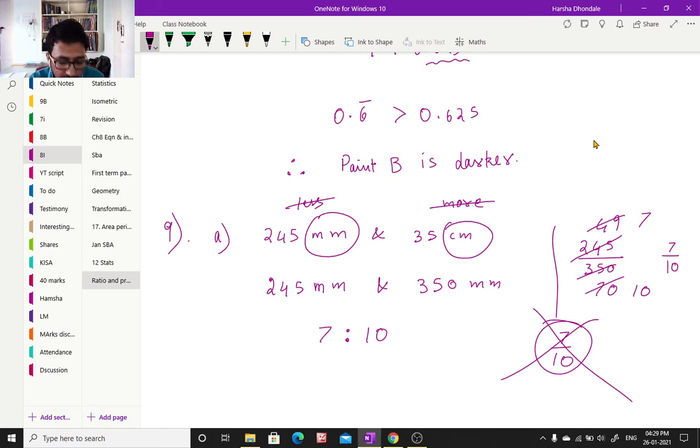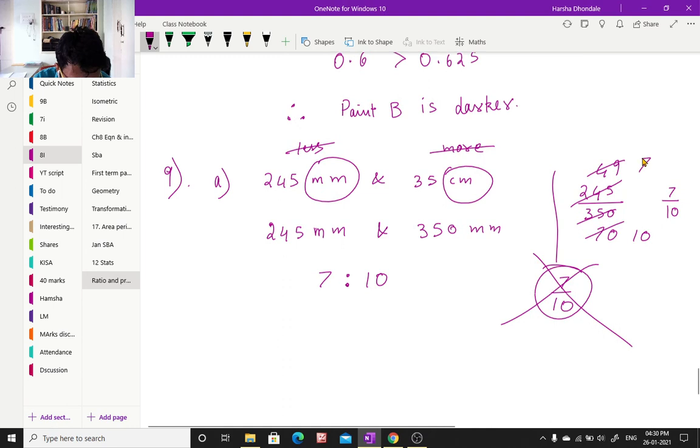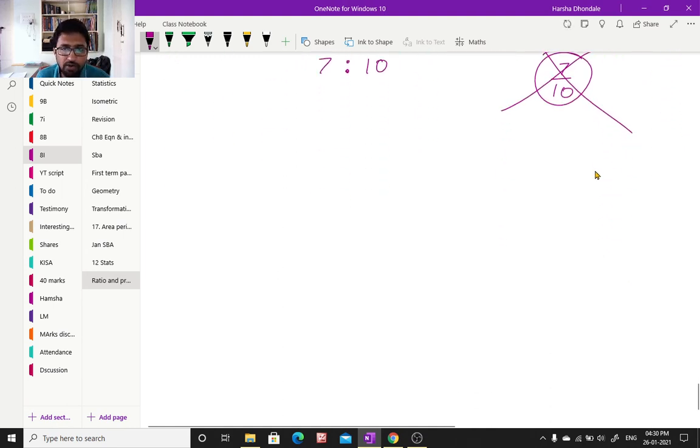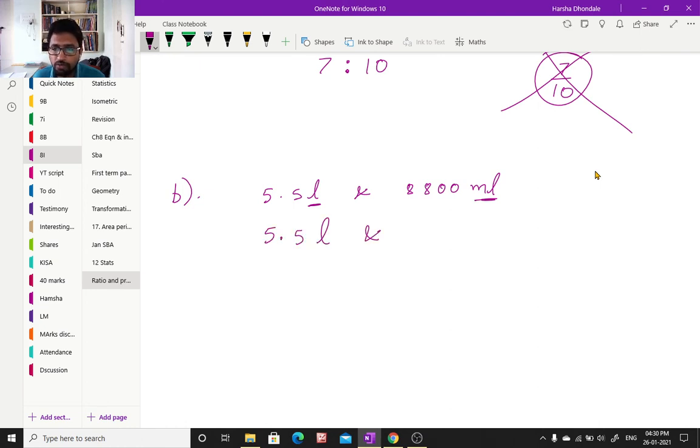Now move to 9b. I will not explain the entire thing. You will do this as homework, but I'll just do one part of the solution. 5.5 liters and 8,800 ml. Now again, this is liters and this is ml. You can't compare. So bring both of them to the same unit. 5.5 liters and convert this to 8.8 liters.